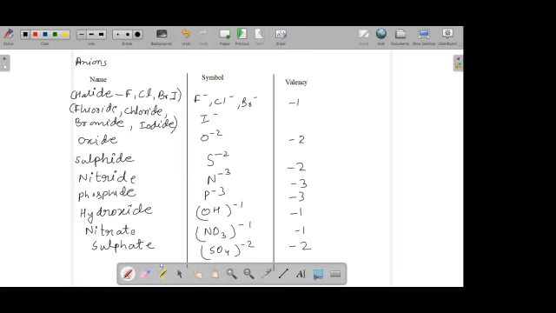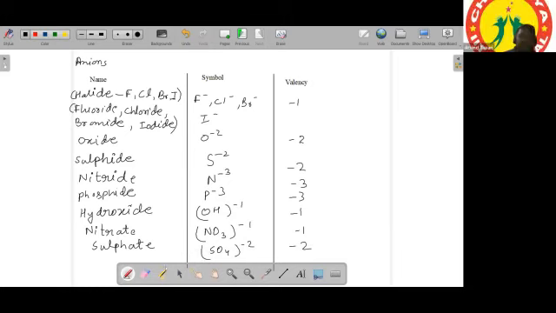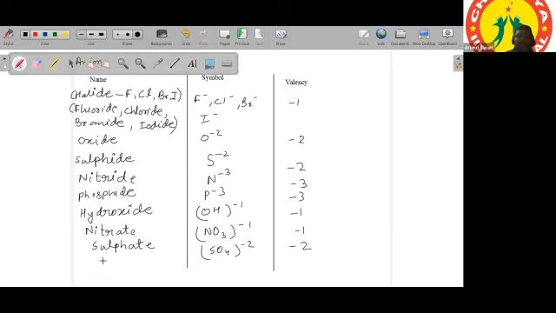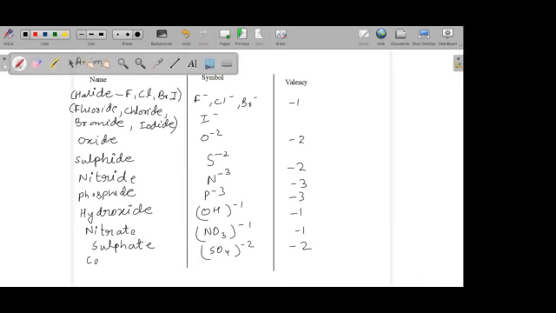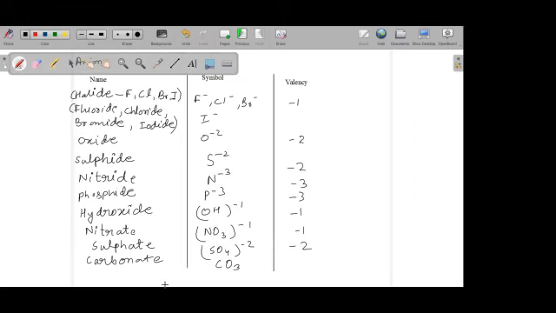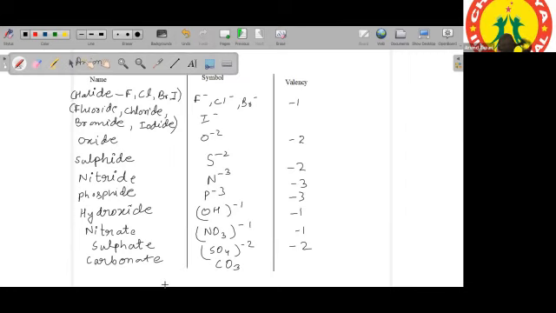So you have nitrate, sulfate, then phosphate. Okay. Carbonate. What about carbonate? CO3. What is the valency of the carbonate ion? Two, sir. So the carbonate ion shows the valency of 2.